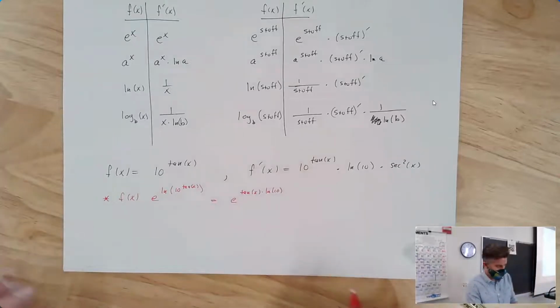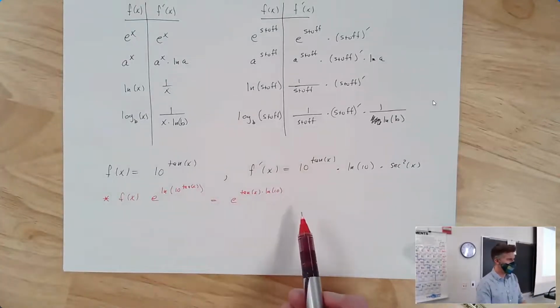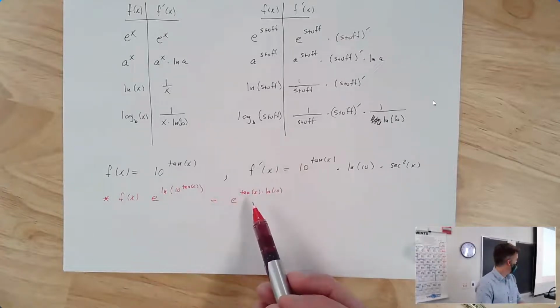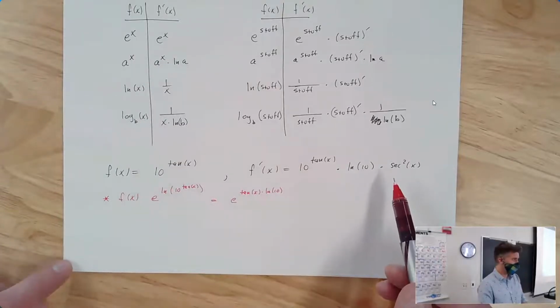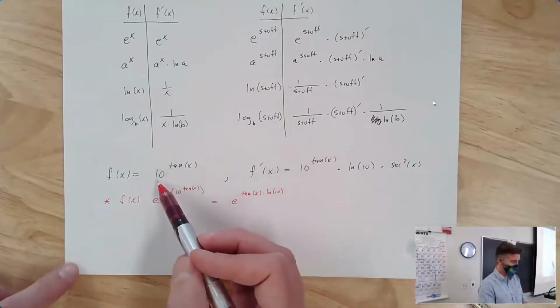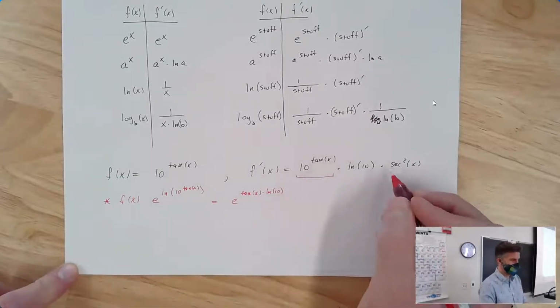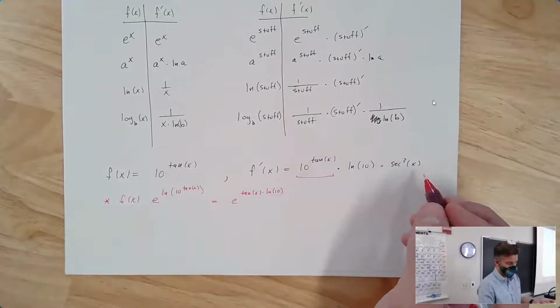I will say, I haven't seen this as much in the 21 series. I've seen a couple teachers do this once or twice, but most teachers don't have you do this. Most teachers have you memorize the rule this way: for a base that's not e, it's just the same expression occurring, times the natural log of the base, times the derivative of the stuff. But there's another way.